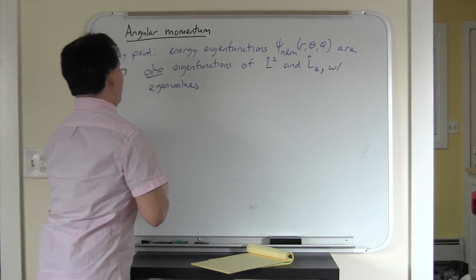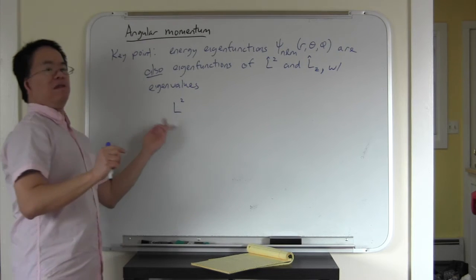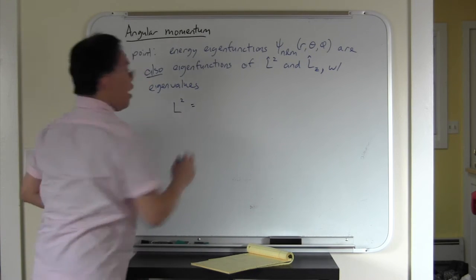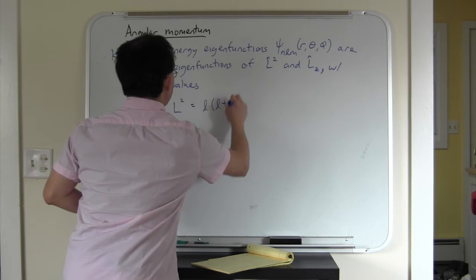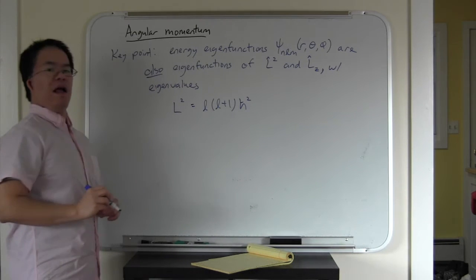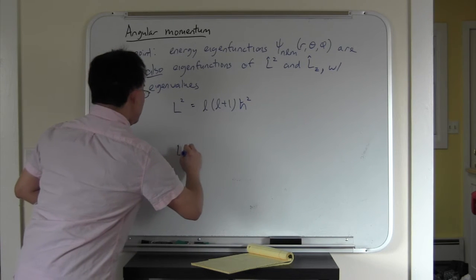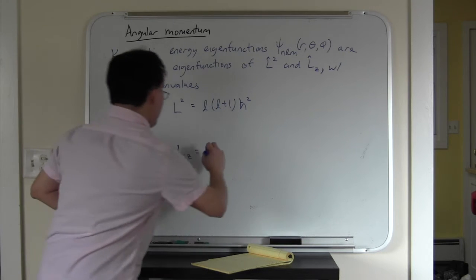are, for L squared, and I'll write it without the hat to denote the eigenvalue, that turns out to be dependent on l. It's the product l(l+1) h bar squared. And L_z, the eigenvalue turns out to be m h bar.